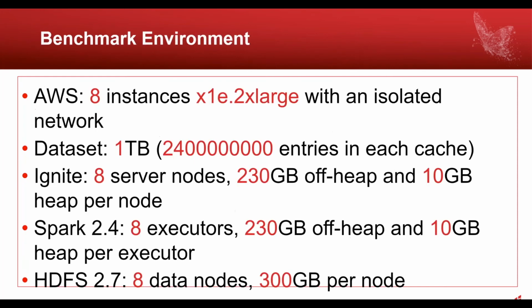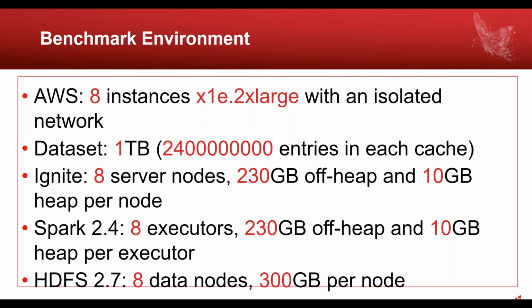First of all, we used another kind of environment. So we have 8 instances, not 2. The instances will be much better. You can see X1E 2X large. That's pretty good for calculations and compute. The data sets will be many times bigger.